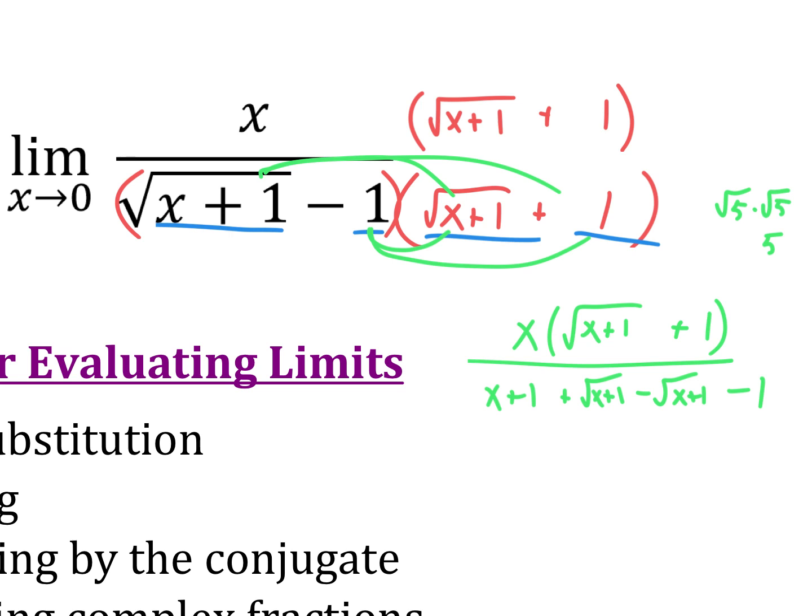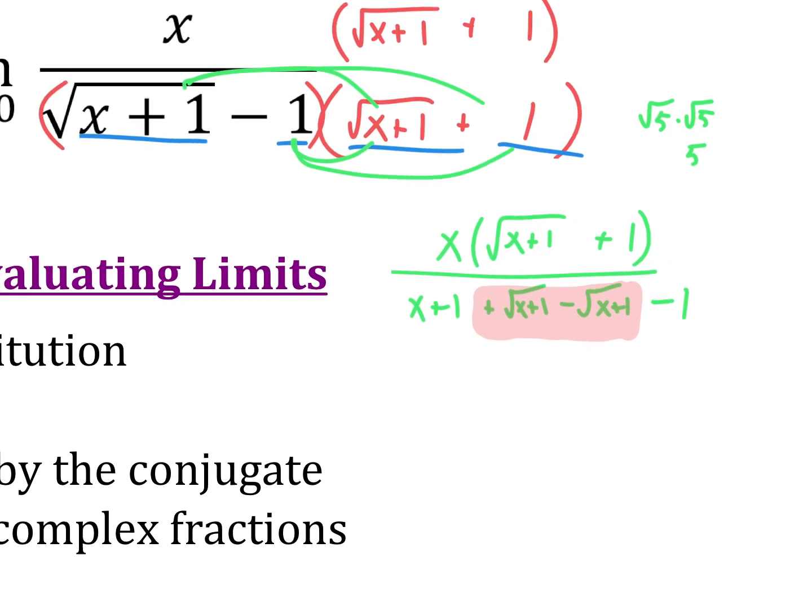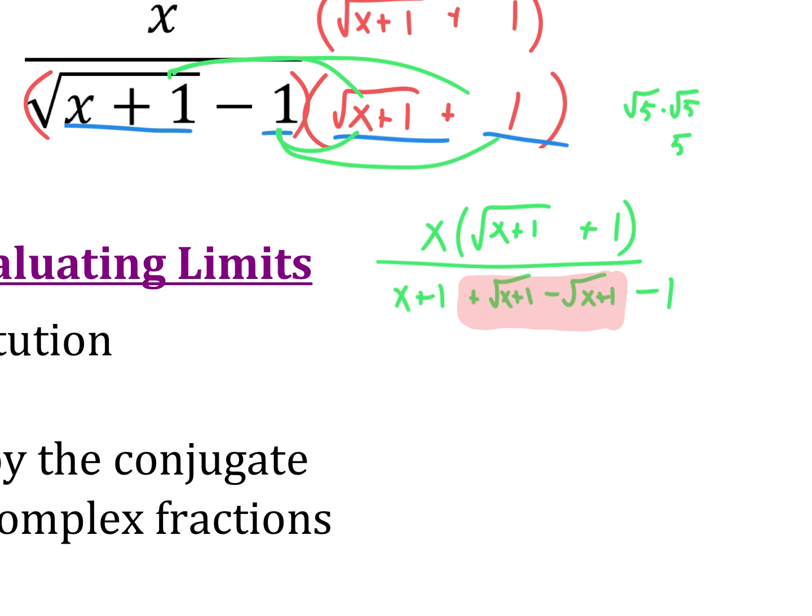So the beauty of conjugate pairs is these two terms, these two pieces in the middle, will always knock each other out. That always happens with conjugate pairs. So now my denominator is x plus 1 minus 1. Well, hey, check this out. Plus 1 minus 1, those go away.